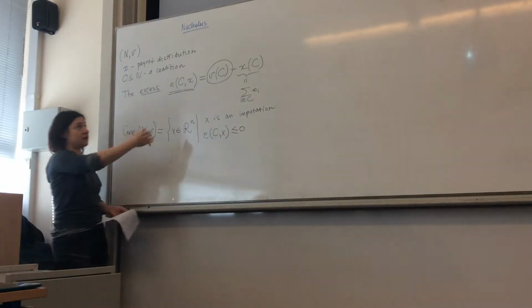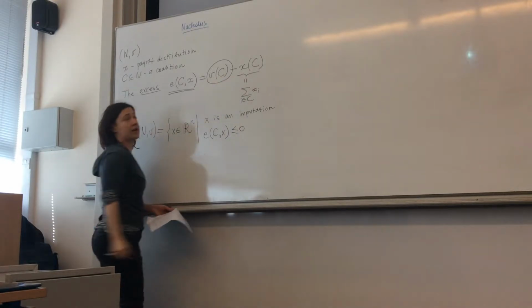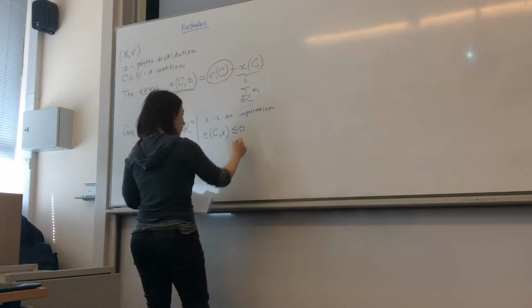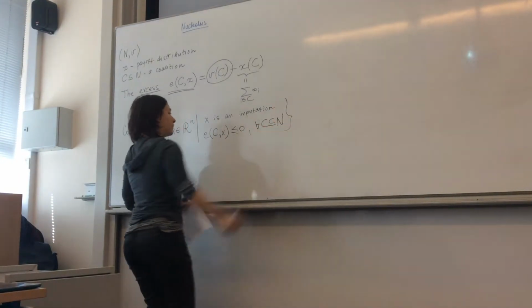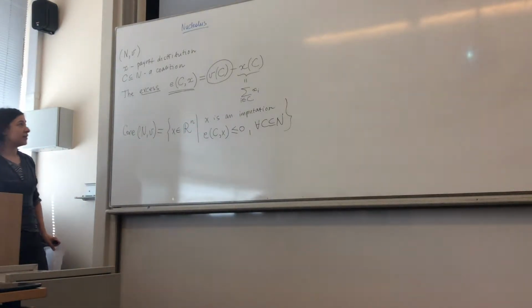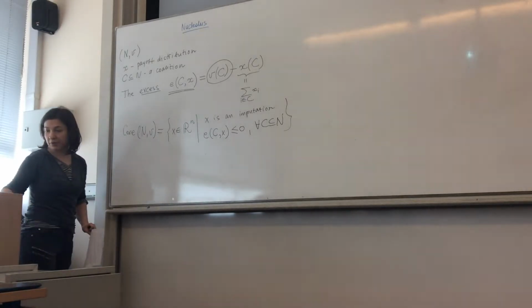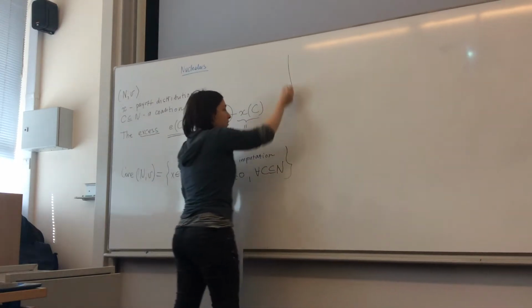Then that coalition would not be able to make more than it's currently given by X, which is exactly the definition of the core. So that's exactly the same definition. So that's an excess, and what we want to do is minimize the excess for all the coalitions. Right? That would be a good solution to have.